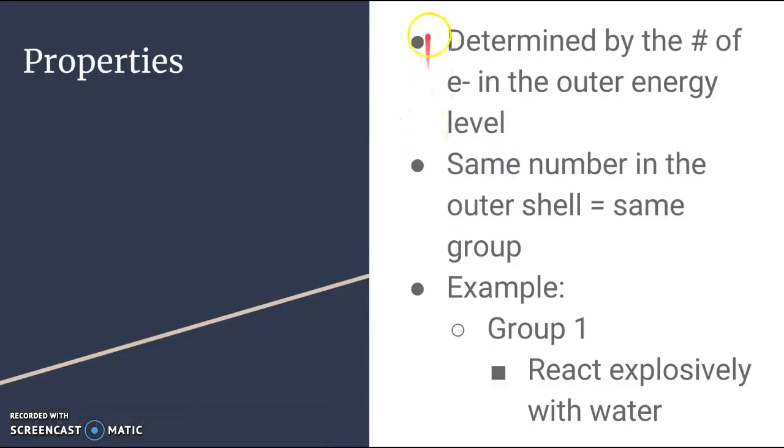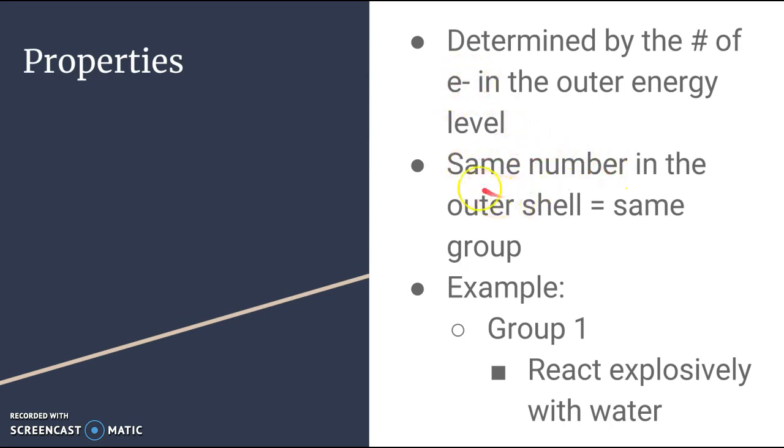So our properties, as I mentioned before, are determined by the electrons in the outer level, those valence electrons. I will use this abbreviation for electron often. For a proton, it will be a P and then a plus sign, and for neutron, it will be an N and then a 0.